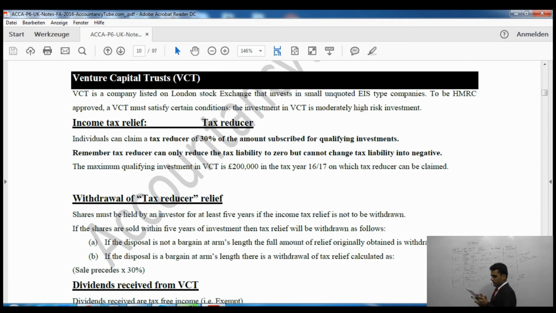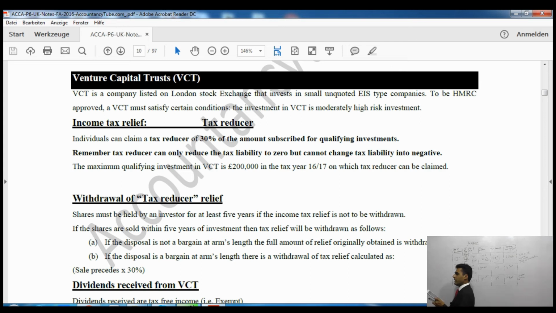The next one is a venture capital trust. It is listed on the London Stock Exchange and invests in small unquoted EIS type companies. To be HMRC approved, a VCT must satisfy certain conditions. The investment in VCT is a moderately high risk investment.